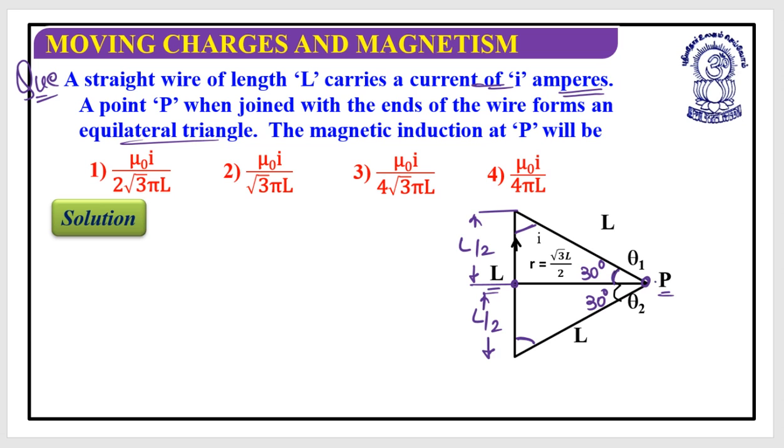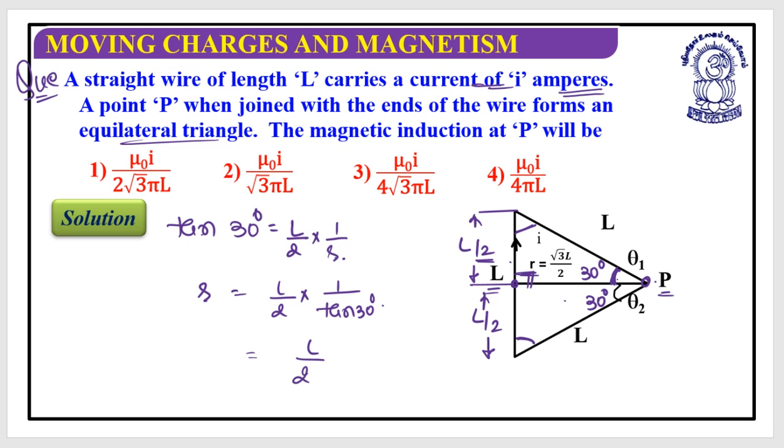Now let's calculate the distance from here to here; suppose this is R. tan 30 degree equals L by 2 divided by R, this is the 90 degree. So R equals L by 2 multiplied by 1 by tan 30 degree. Tan 30 is 1 by root 3, so R equals root 3 L by 2.